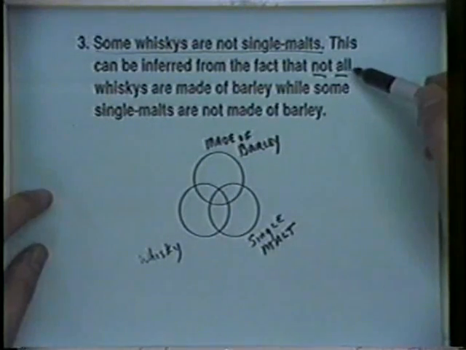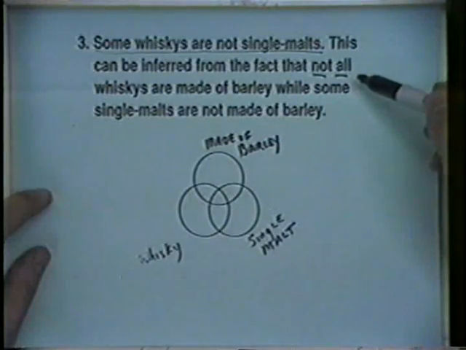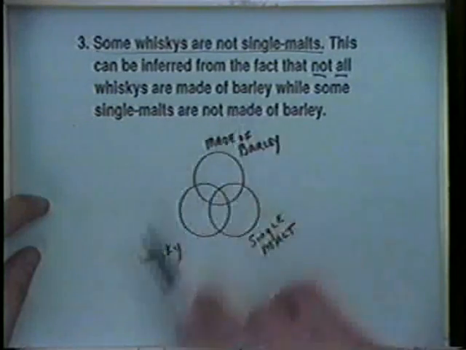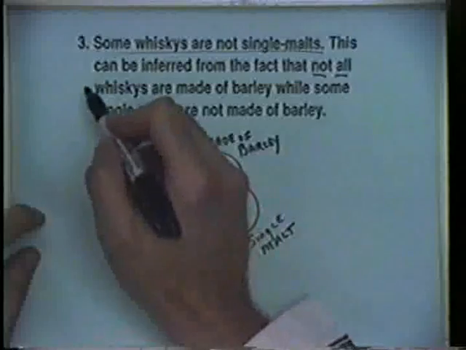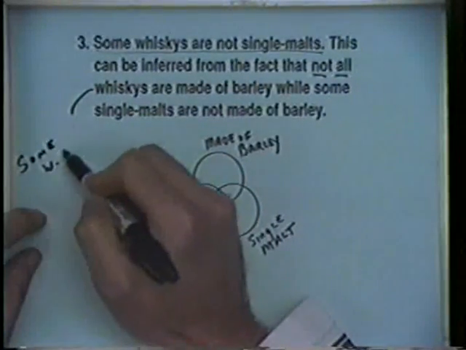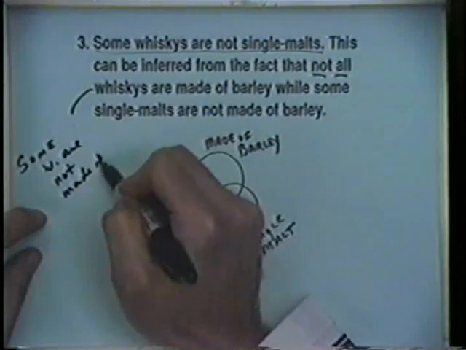So we need to change that first in order to know exactly what to diagram, and you should remember that a sentence that's equivalent to this would be that some whiskeys are not made of barley. So let's put that over here so we don't forget it. Some whiskeys are not made of barley.